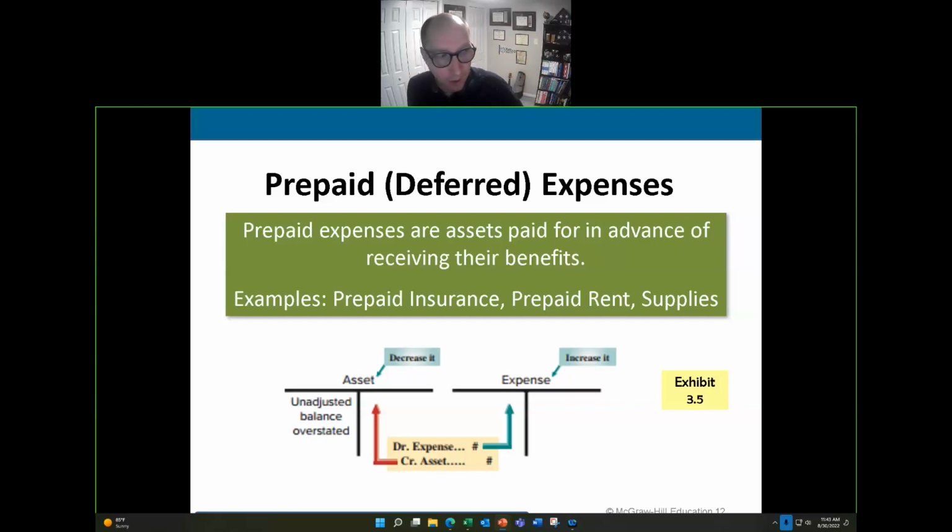You can always go back to the insurance company and say, hey, listen, I'm going to cancel this policy. They'll refund you what you prepaid, a prorated amount usually. But the point is, you have a claim to that amount that you paid, and that's what makes it an asset.